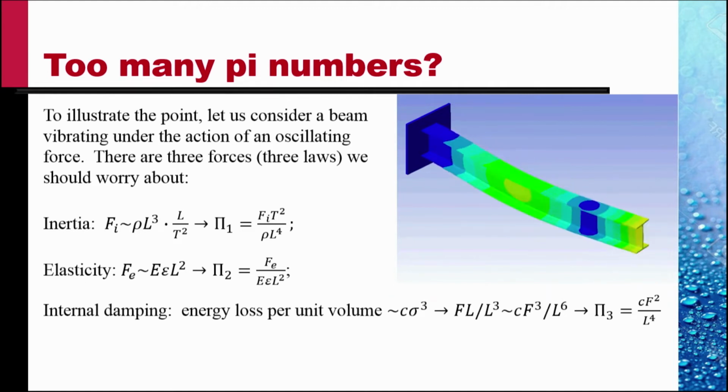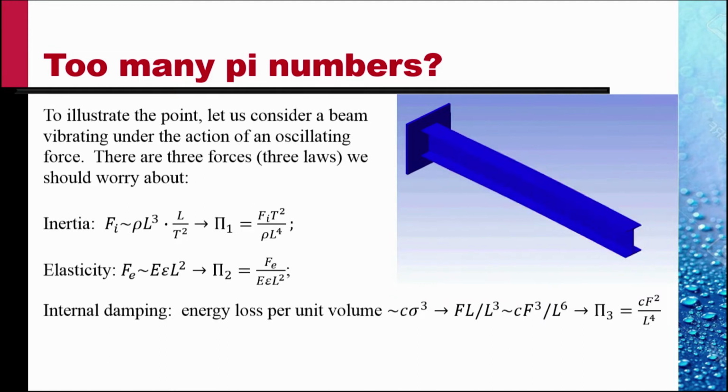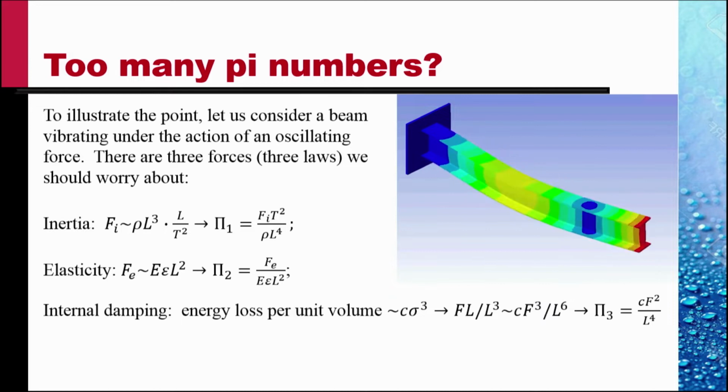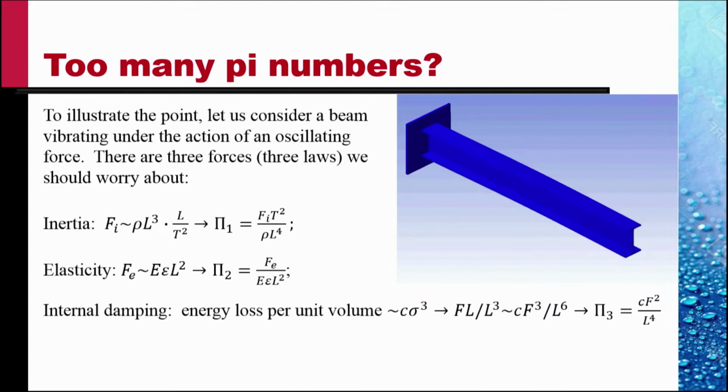Another is we have to worry about the elasticity of the material. Elastic force would be E times epsilon times L square. So that gives you a pi 2 equal to Fe divided by E epsilon L square. The third force that we worry about is the force of internal damping.